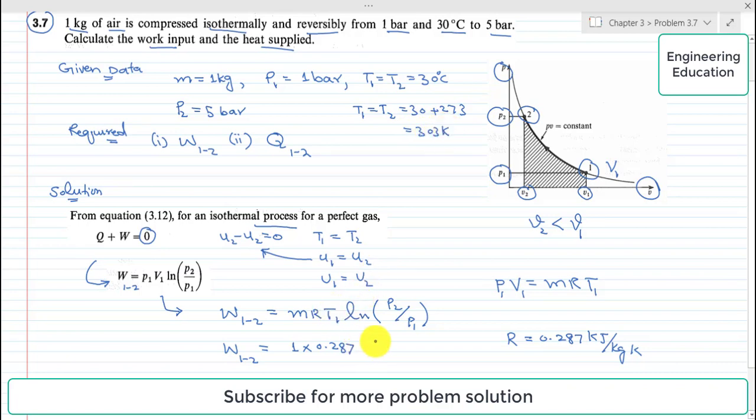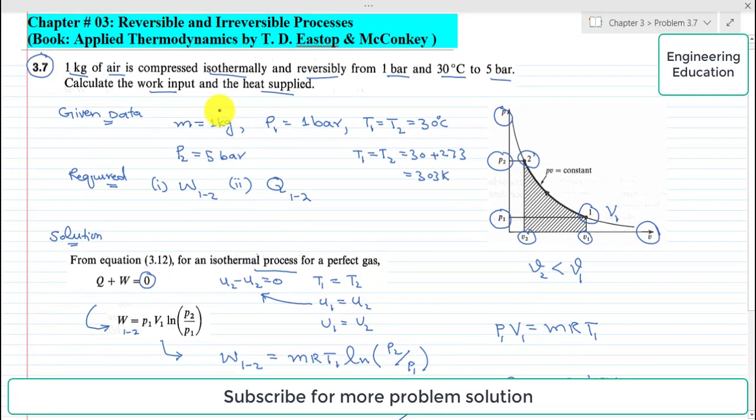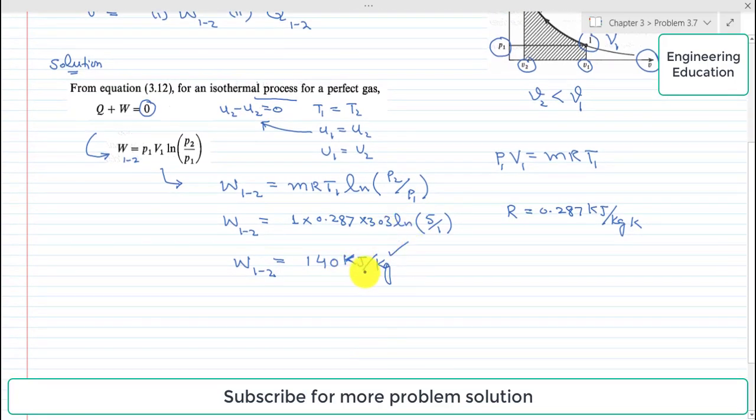So T1 is 303 natural log of P2 by P1. P2 is 5 bar and P1 is 1 bar. So simplifying this, the value of work done from 1 to 2 comes out 140 kilojoule per kilogram, because in the problem it is stated that 1 kilogram of air. So this is actually the work done per kilogram.